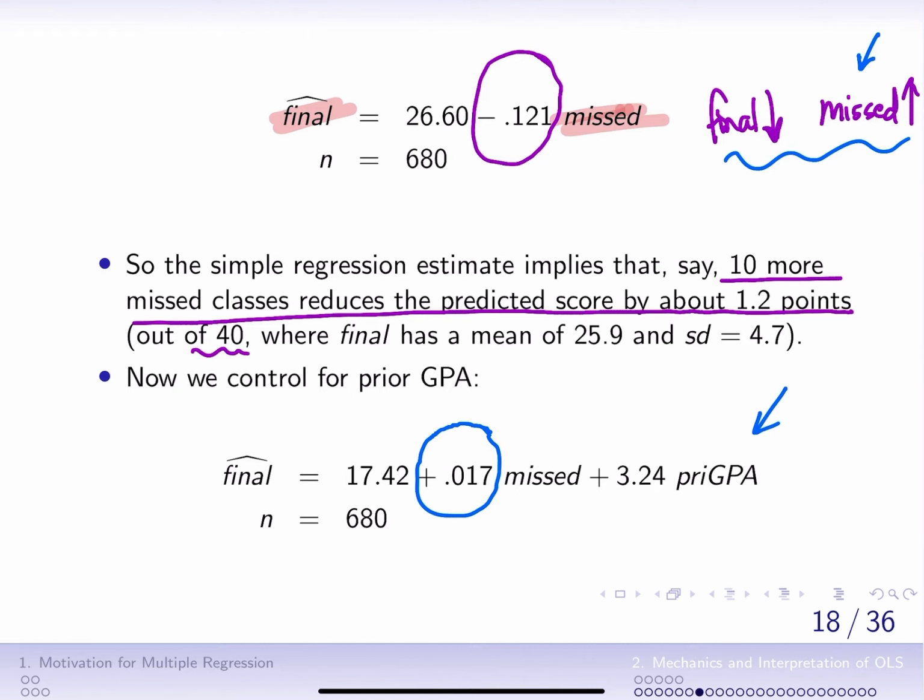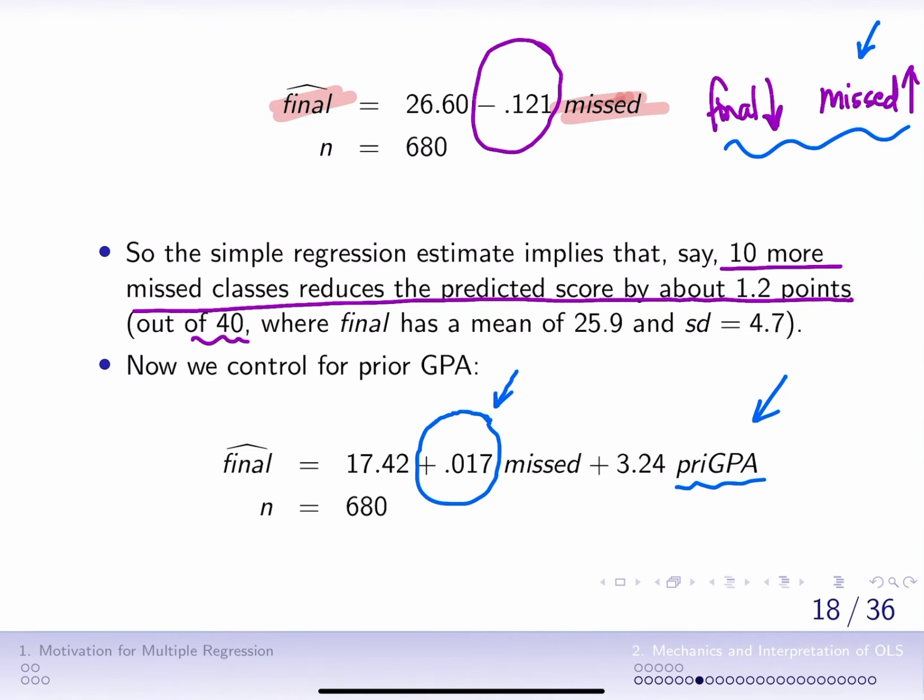Okay, so maybe there are some other things, and that's what we're trying to capture with the preparedness or the prior GPA. So here, notice that the sign on missed lectures changes from negative to positive, and the coefficient itself, even though it changes sign, the value also changes. So this is what we're seeing here.